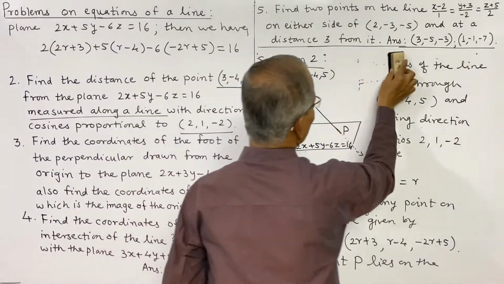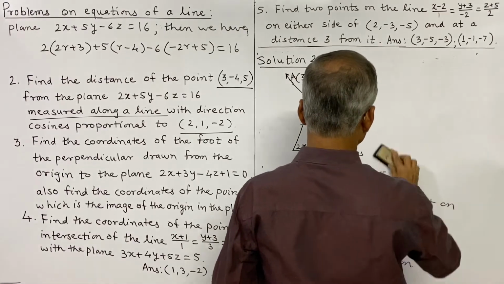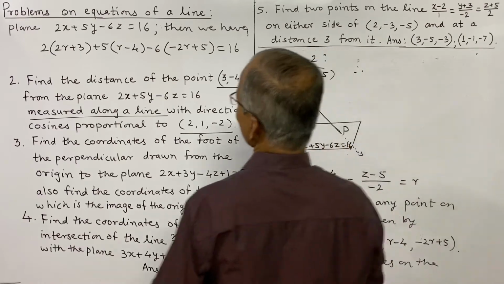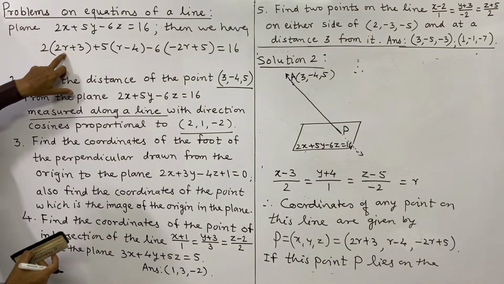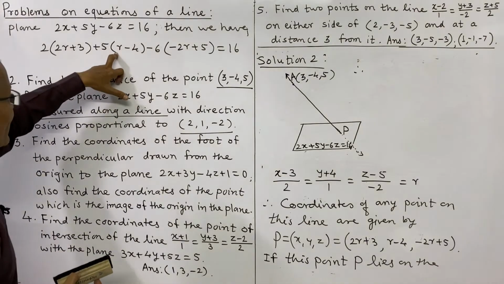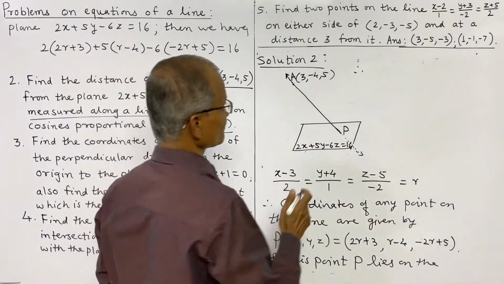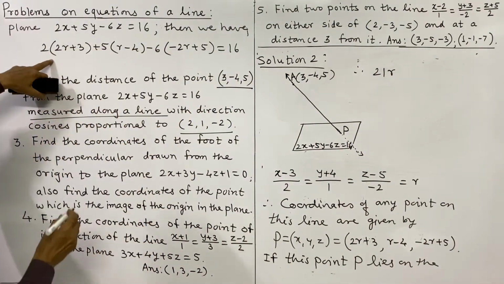So further the simplification becomes, so I shall write here, that gives, now we will see what is the total R values. 4R plus 5R, that is 9R, 9R plus 12, 9 plus 12 is 21, 21R, and what is the constant here?